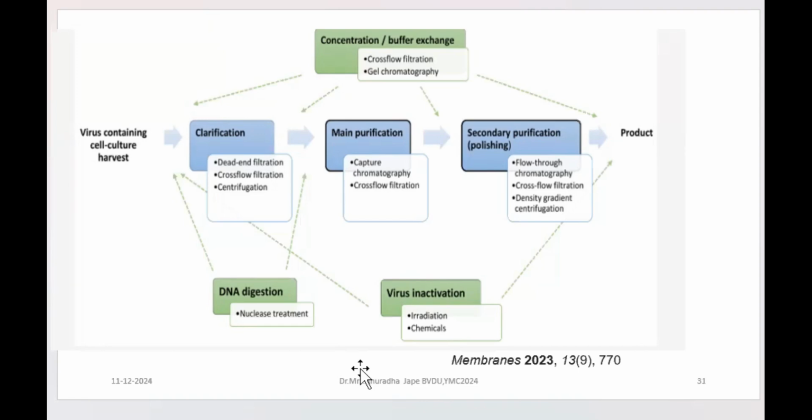So you may have flow through chromatography, cross flow filtration, density gradient centrifugation, as well as affinity chromatography as a method for purification. Virus inactivation is required in certain cases, where irradiation or chemicals are used.